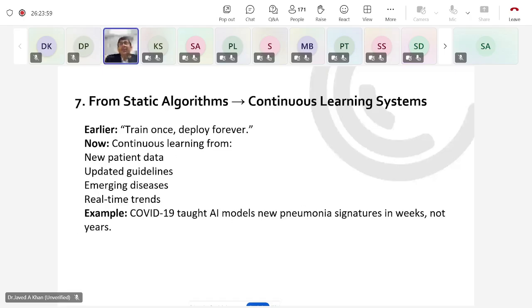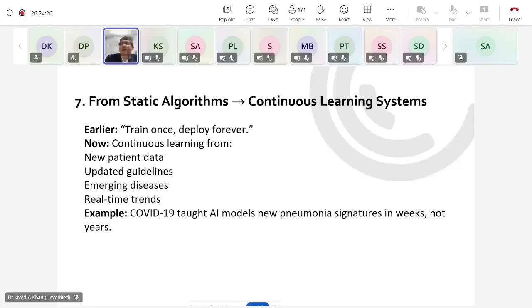From static algorithms to continuous learning systems. Or continual learning, you can say. Continual learning is the new mode. Earlier it was train once, deploy forever. That was the method. Now we have continuous learning from new patient data, updated guidelines, emerging diseases, and real-time trends.